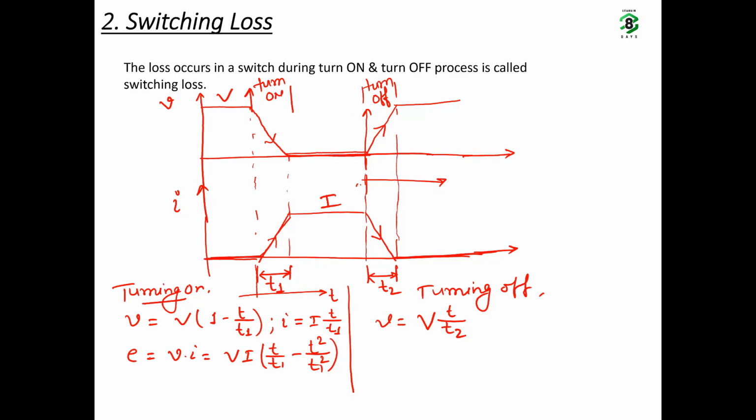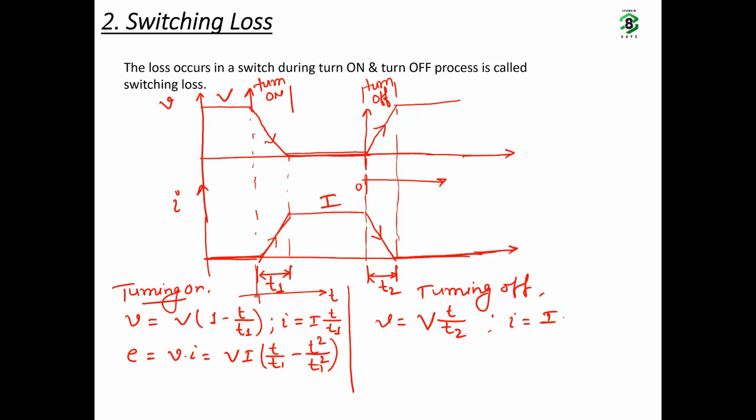Consider this point as origin. We can consider these two different origins for calculating power loss in turning on as well as turning off. There won't be any mistake. When we are calculating turning off, we will consider a separate origin.